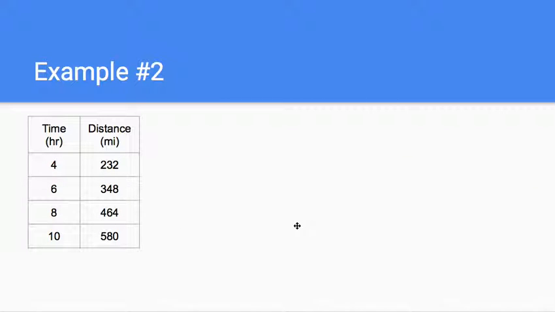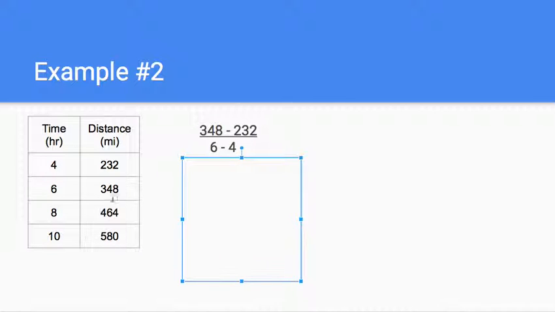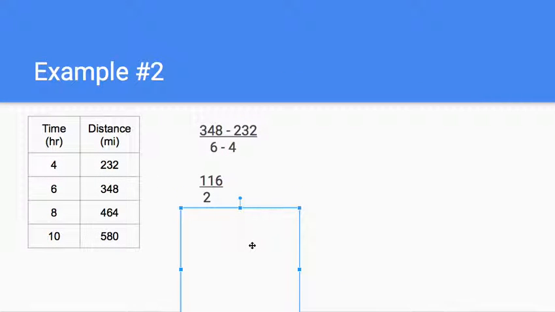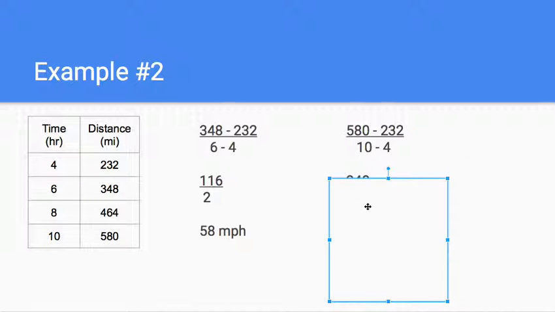So let's look at the second example. I have my time in hours and my distance in miles. I take just any two numbers. So 348 minus 232 over 6 minus 4. That's going to give me 116 over 2, which simplifies to 58 miles per hour. Now I try it again with another two numbers: 580 minus 232 over 10 minus 4.